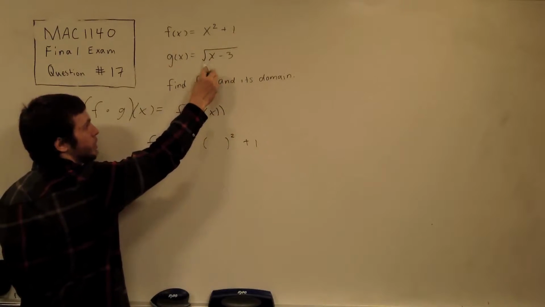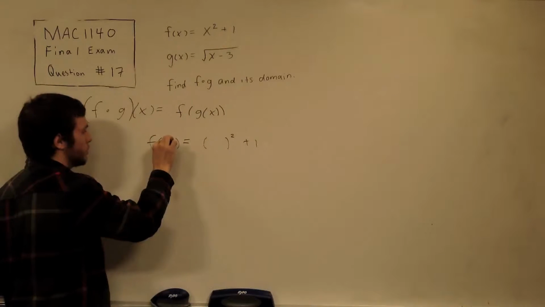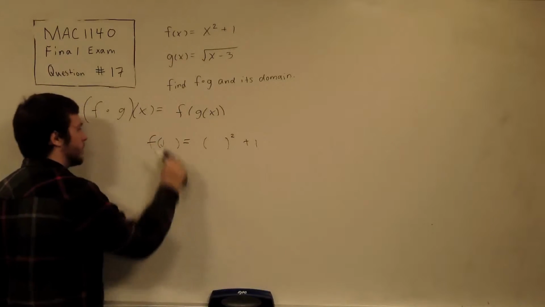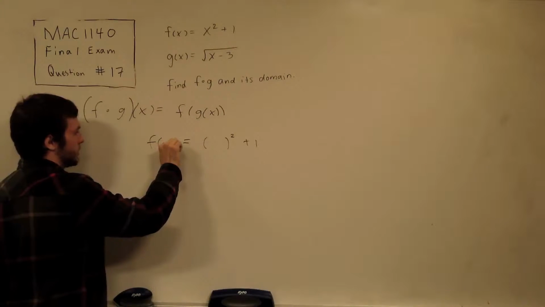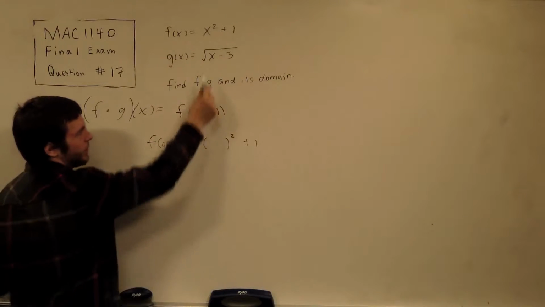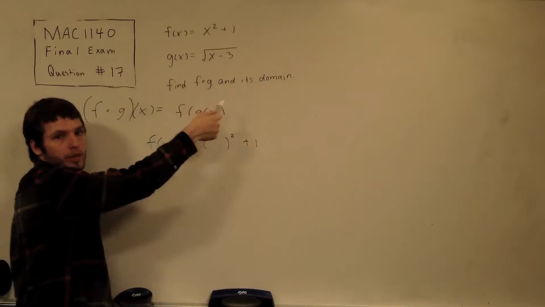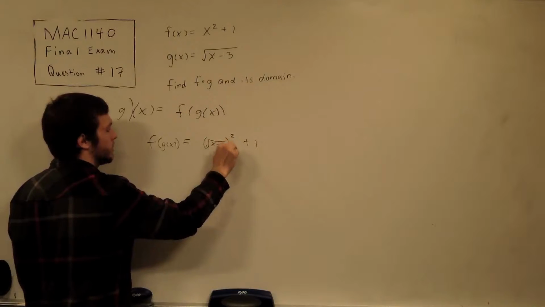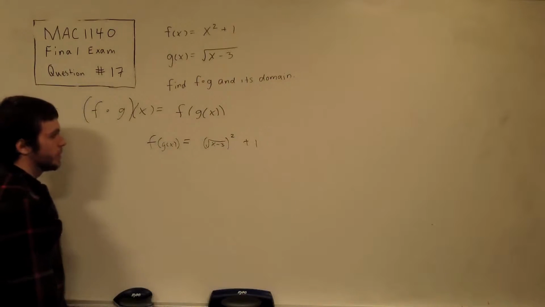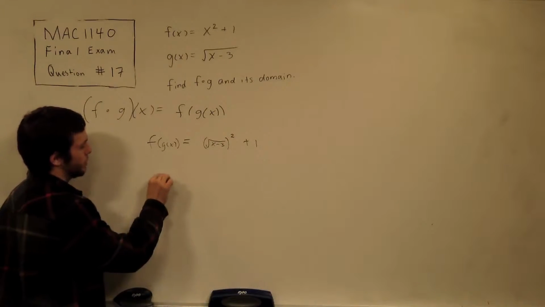Here, g is the square root of x minus 3. On the left-hand side, I'll just put g of x, because that's what it is. But on the right-hand side, we'll fill in the right-hand side of the equal sign for g of x, which is the square root of x minus 3. Okay? So now, just work with this.